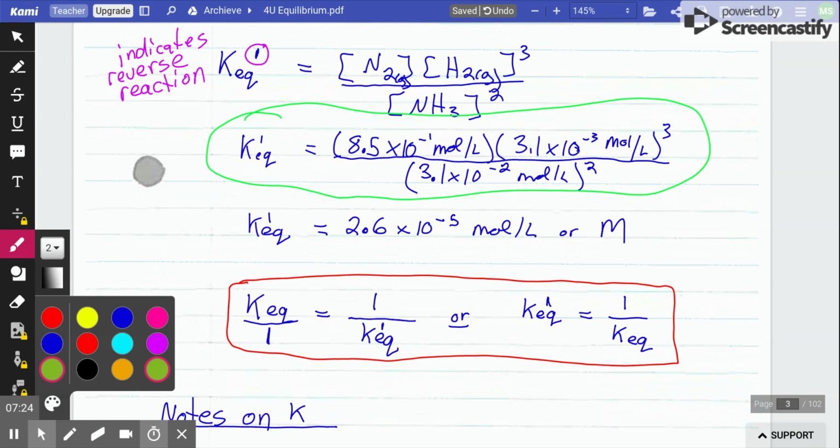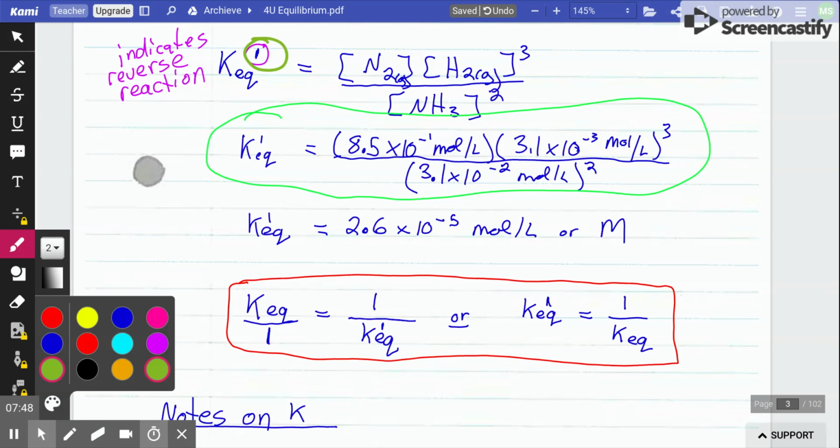And it's shown just right here. So K equilibrium over 1 equals 1 over K prime equilibrium. So the little tick right here, it means prime. Or we can say that our K equilibrium prime equals 1 over K equilibrium. It's just saying that they are reciprocals from each other.